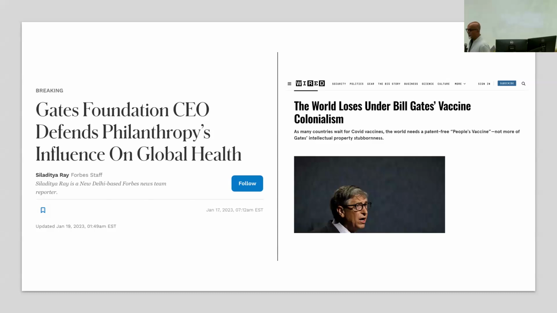Just to bring it home in a very specific and meaningful way. Bill Gates put a lot of money into helping the COVID vaccine be created, making it accessible. What didn't he do? He specifically resisted the call by almost every nation and every, I would say, enlightened global health leader, and said, no way, I don't want to give up intellectual property rights in the vaccine, because people need to be able to make money.